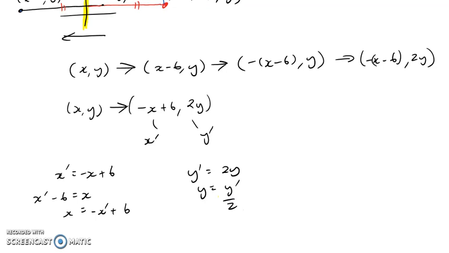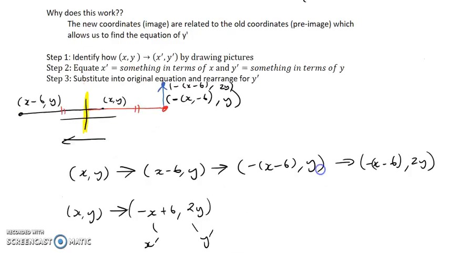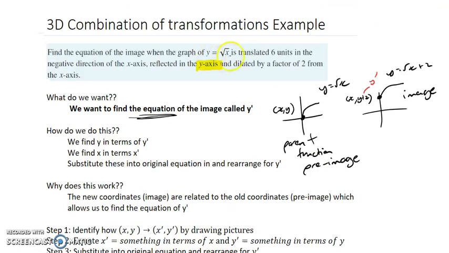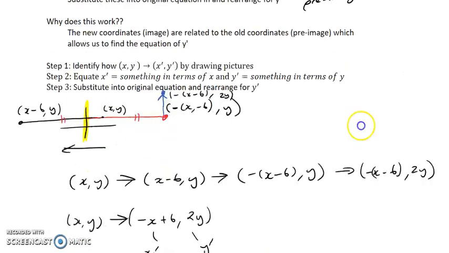And now what I have is an expression for x in terms of the new coordinates and an expression for y in terms of the new coordinate system. So in my original equation, I have a y and an x. Now I can just substitute in and rearrange for y dash.